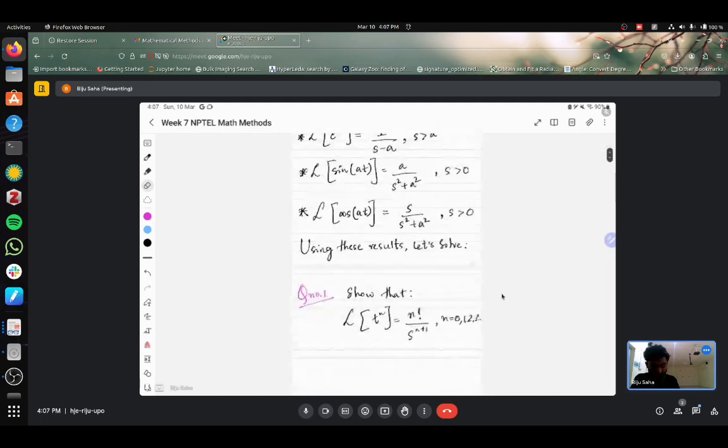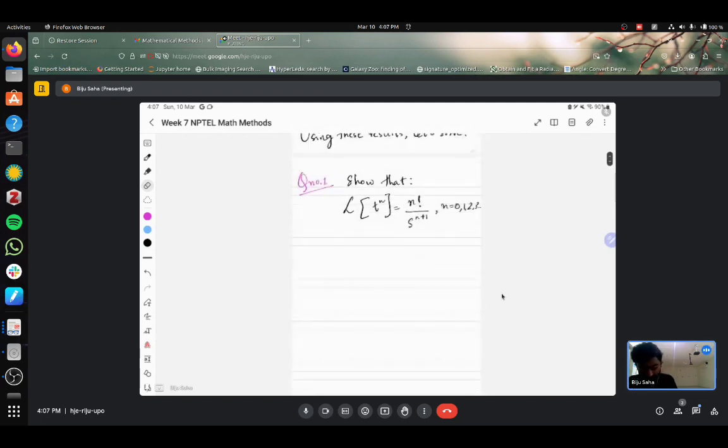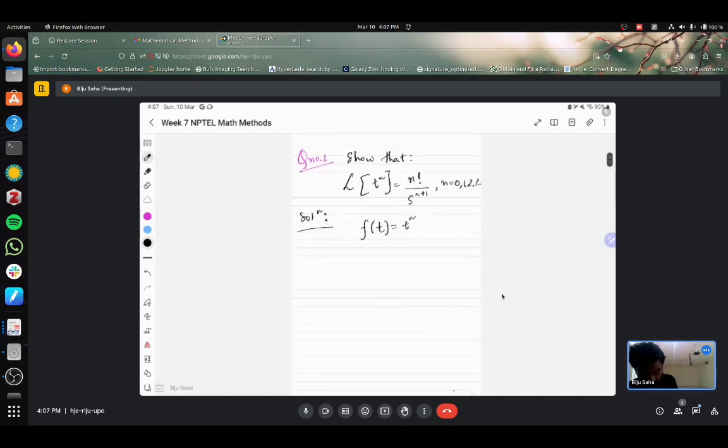Okay, so the first example is this. You have the function f(t) given by f(t) equals t raised to the power n. You have to find the Laplace transform of this function.